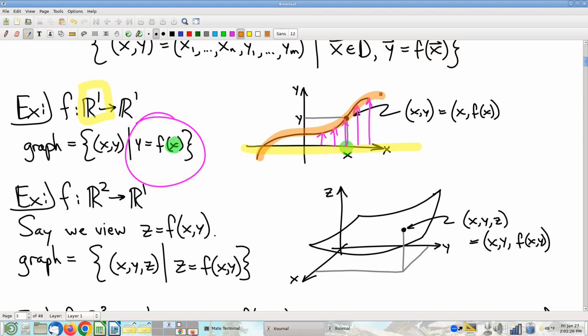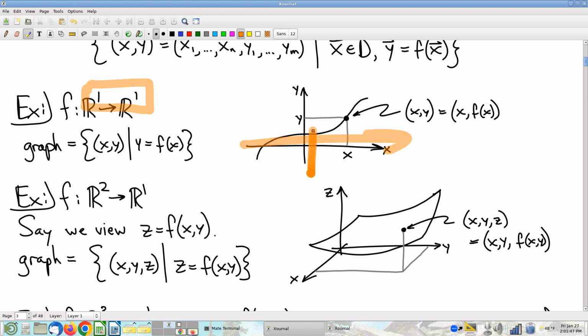So, good general rule of thumb, the dimension of the graph itself is the same as the dimension of the domain. Of course, don't conflate that with the dimension of the space that the graph lives inside of, which is the sum of the dimensions of the domain and the target.